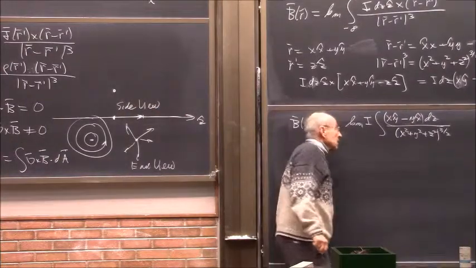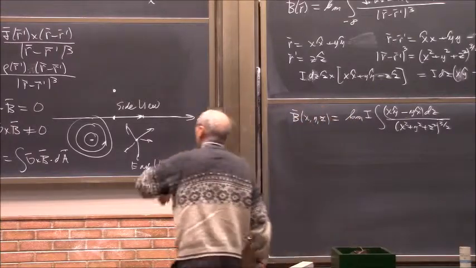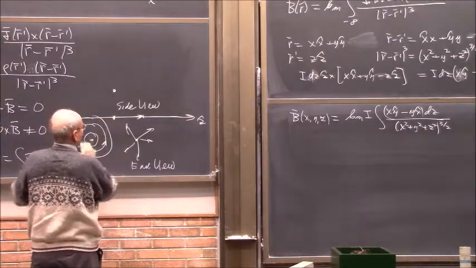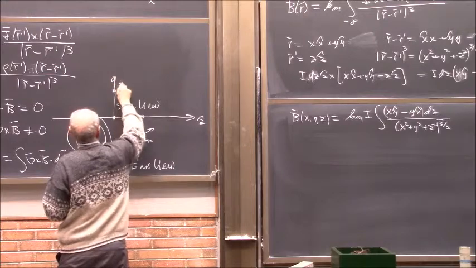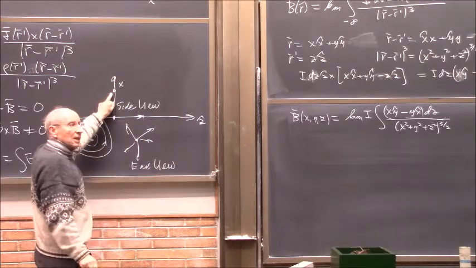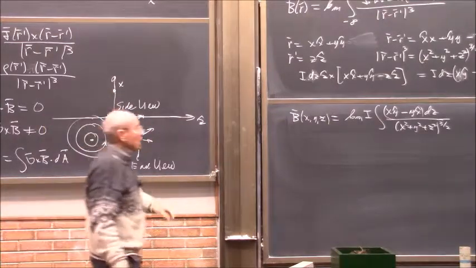Okay, so now let's calculate this at a point up here. Say x is this way, y is out of the board, and that's c. So let's calculate it at the point x, 0, 0.